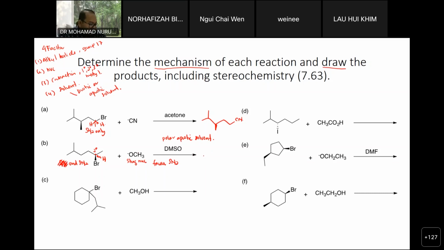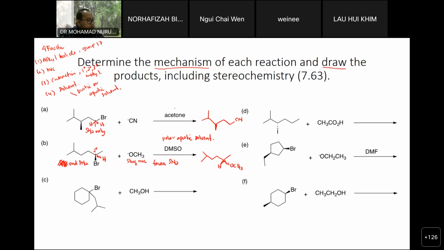So what you can draw is like this. Inversion of configuration changes the configuration, because the attack happened at the back instead of the front. So there will be this one, SH, and this one, OCH3.